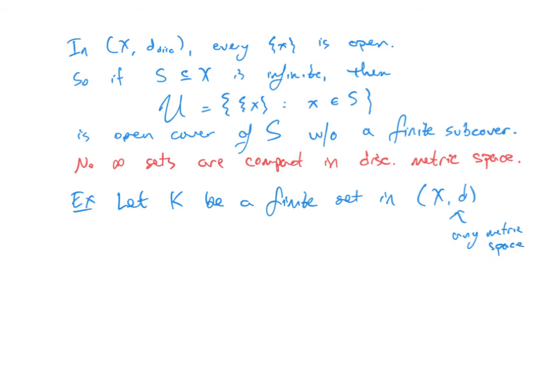And you've only got finitely many points, so you're guaranteed to have that be a finite subcover. Okay. Well, now you combine these two things: in a discrete metric space, compactness is the same as finiteness. Now, you already know on the real line with the normal metric, we're going to have more compact sets.